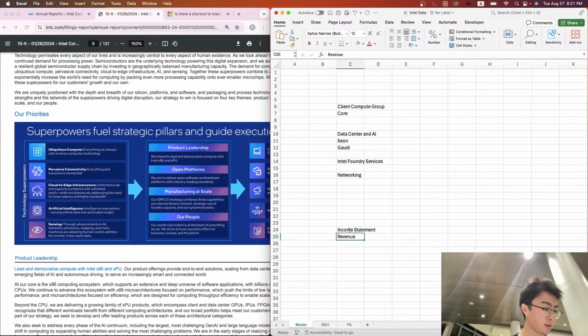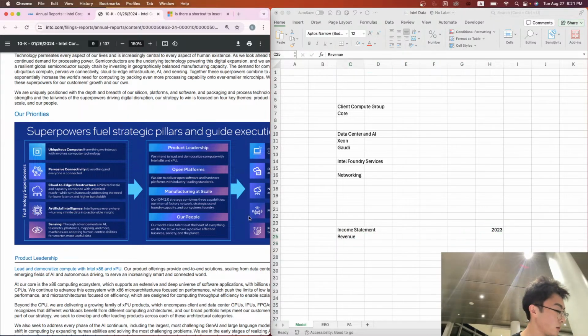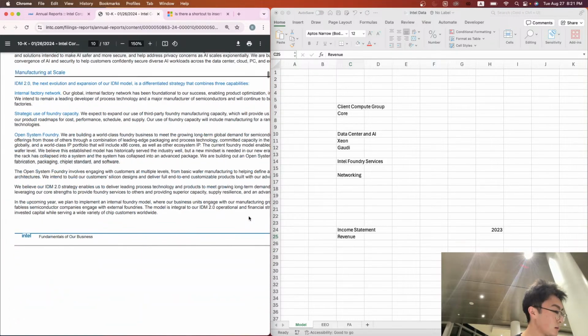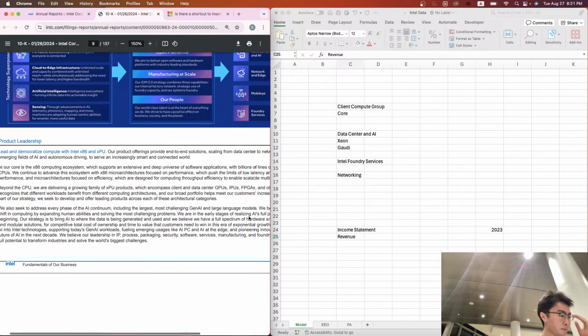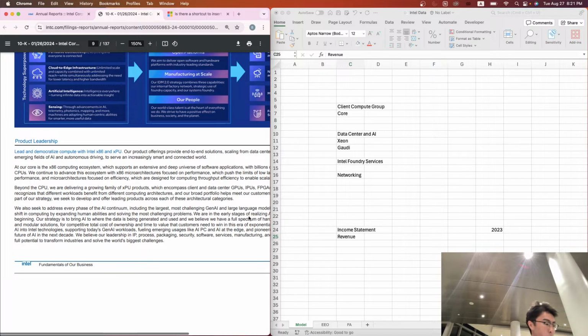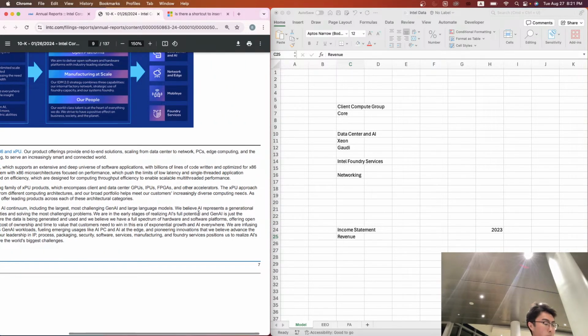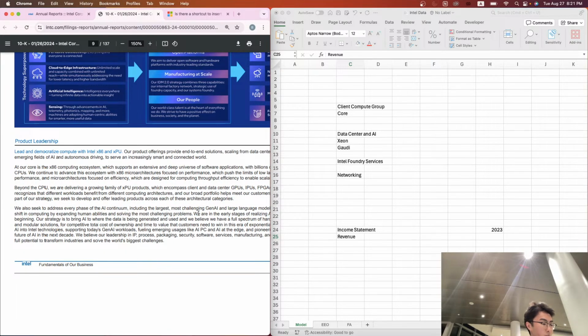So revenue, let's call this 2023. XPU. Okay, so x86 is their sort of instruction set architecture.